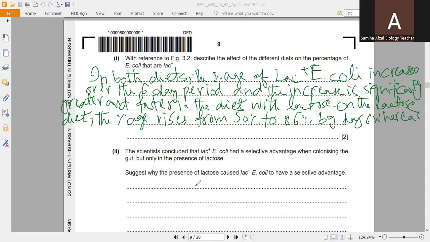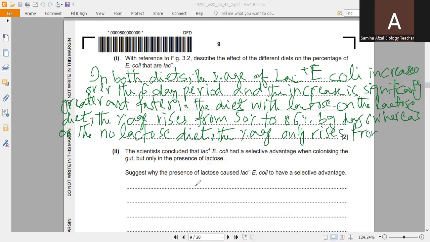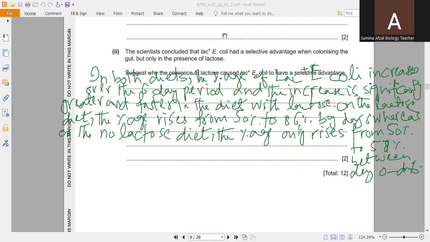Whereas on the no lactose diet, the percentage only rises from 50% to 57% between day 0 and day 3, and 58% by day 6. So it was about part 1 of section B.